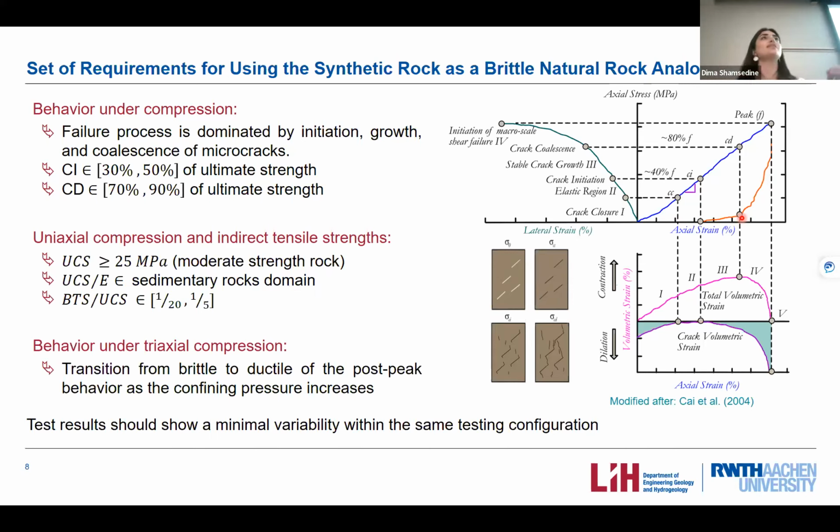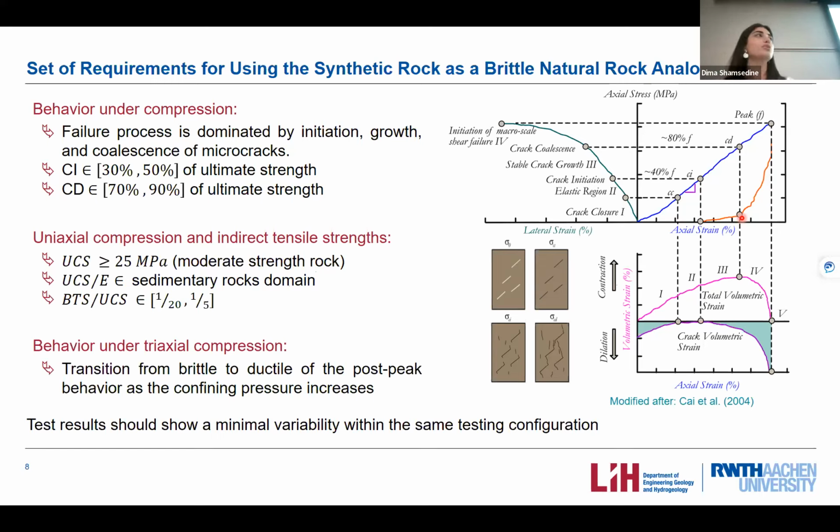Because as we increase the confinement, the post-peak behavior of the samples will change from brittle behavior at low confinement into ductile post-peak behavior at high confinement. And this is a very unique property of brittle natural rocks. If we were able to prove that our synthetic material behaves like that, then we are on a good path.